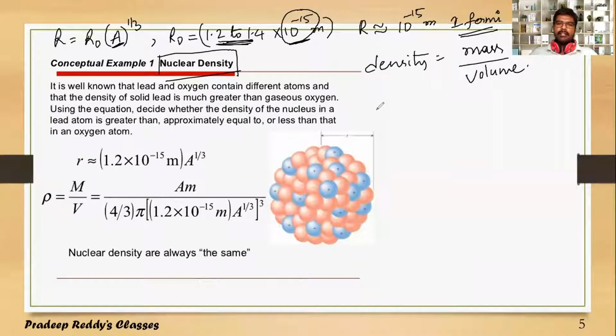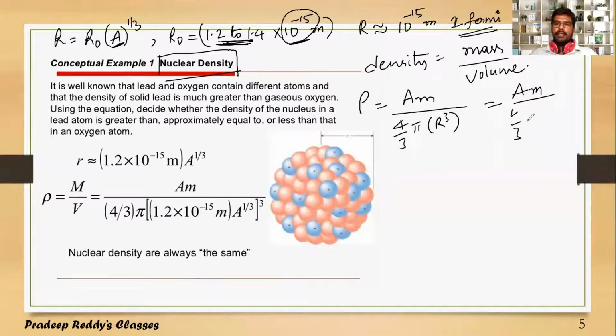So if you calculate density, the mass of the nucleus is the total mass number multiplied with the mass of each nucleon, divided by the volume of the nucleus, which is 4 by 3 pi into r cube. This is equal to A m divided by 4 by 3 pi. R can be written as r naught into A power 1 by 3, whole power 3.